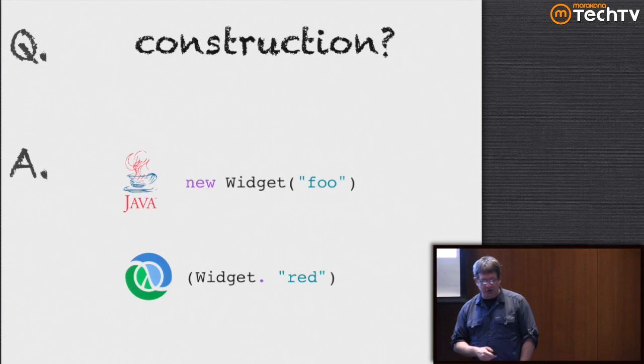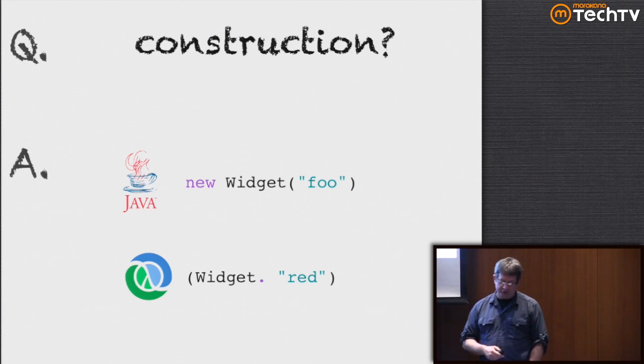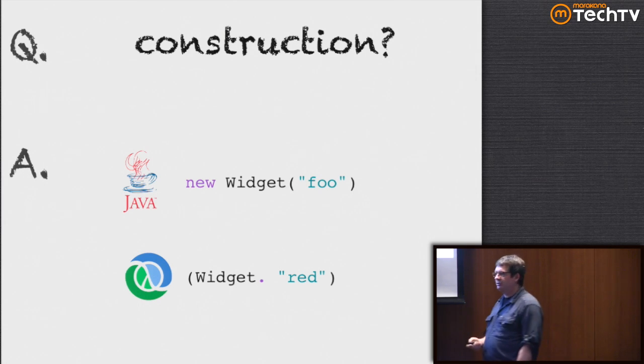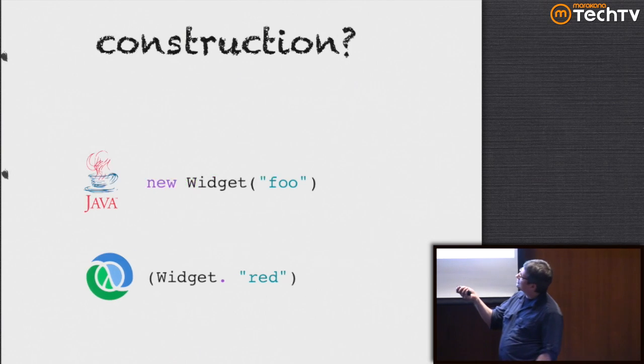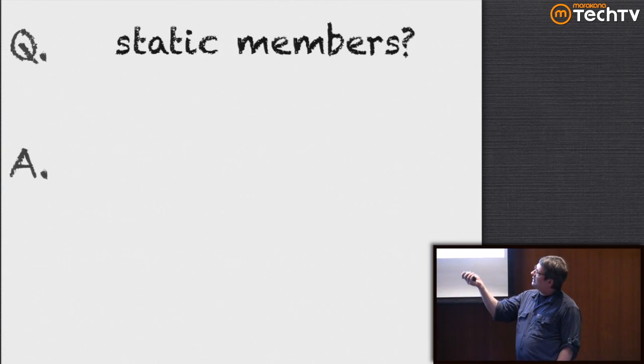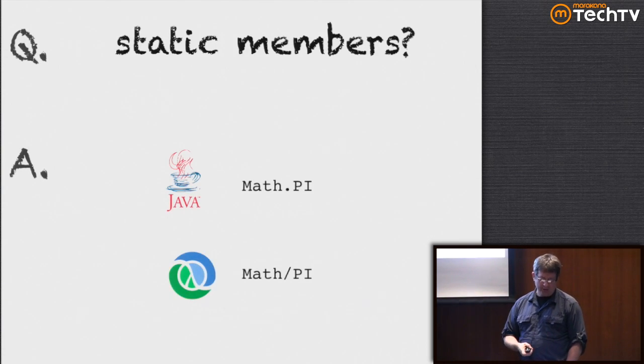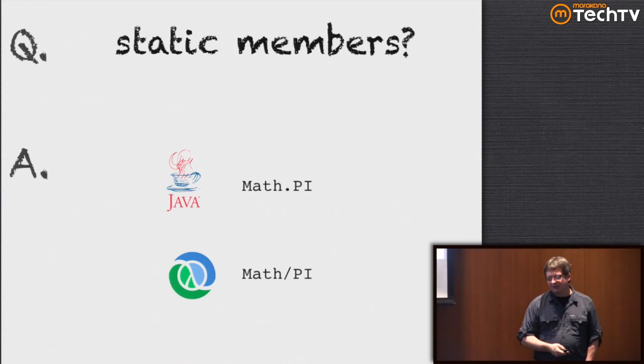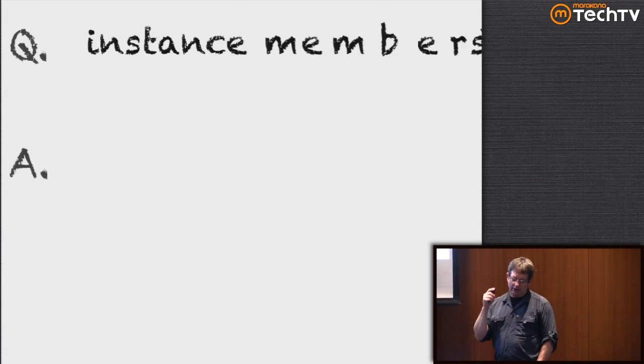So if you want to construct a new widget, you would fire the constructor like this in Java. In Clojure, everything is function-based. And there's syntactic sugar in the language to say if you want to fire the constructor on something, just do class name dot and then the argument list, the constructor parameter list. You can also get to static members. In Java, you would do class dot.